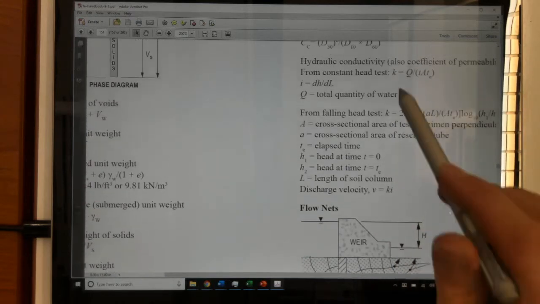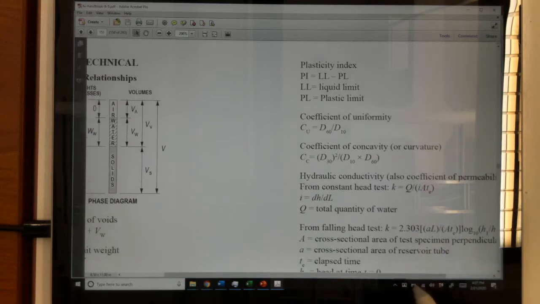The top of the second column here continues that basic chapter 2 material. So plasticity index, liquid limit, plastic limit, those are the Atterberg limit pieces of information. The plasticity index is just the subtraction of those two things.